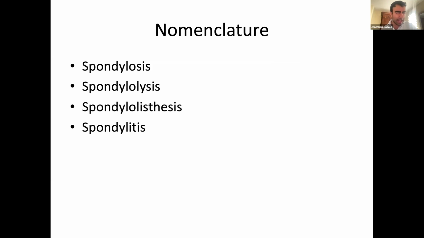Now, when I was in residency, I got a little confused with the nomenclature, and still to this day I get a little bit confused. What was the difference between spondylosis, spondylolysis, spondylolisthesis, and spondylitis, right? Cervical spondylitis is not really the right term.